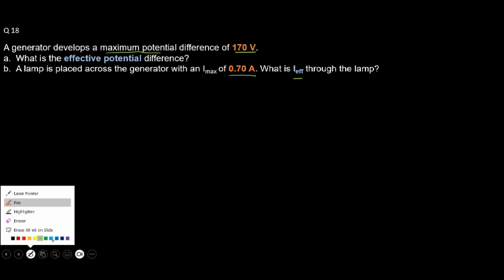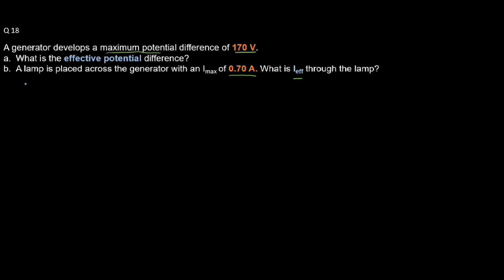So the question has given me the maximum potential difference, which I will write as V max equals 170 volt. Sometimes instead of writing maximum value, they also can state this as peak potential difference. Peak and maximum are the same thing, that is the highest potential difference in the circuit.